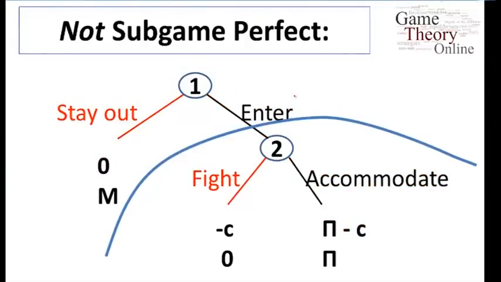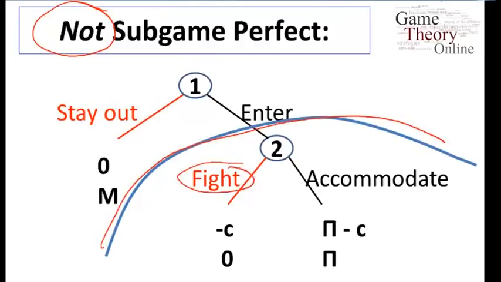If we go back and look at the other pure strategy Nash equilibrium that we solved for earlier in this game, the one where firm 1 stays out because it anticipates that firm 2 is going to fight, this is not a subgame perfect equilibrium. Why is it not a subgame perfect equilibrium? Because when we look at the subgame, the specification of fight is not a Nash equilibrium. So it fails the requirement that the play be a Nash equilibrium in every possible subgame.